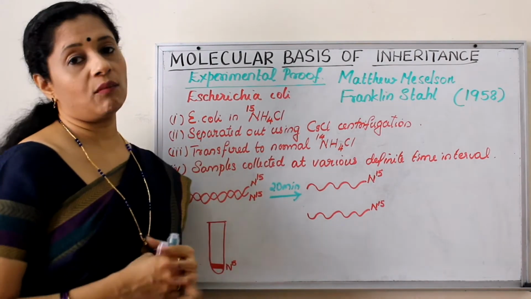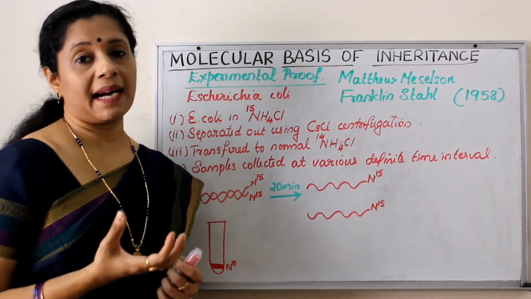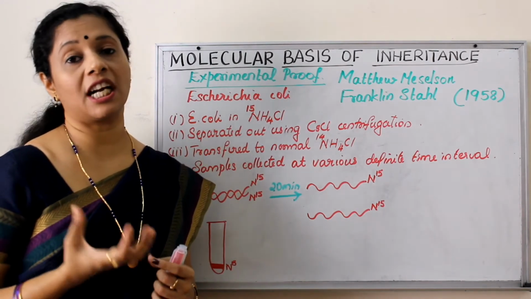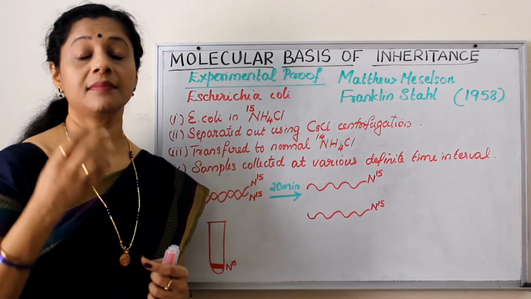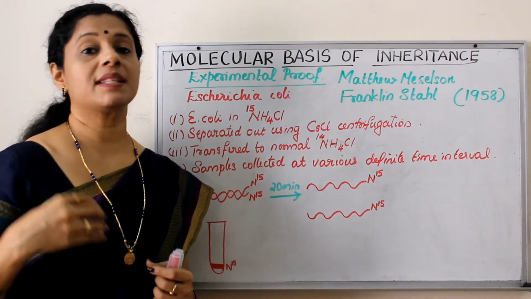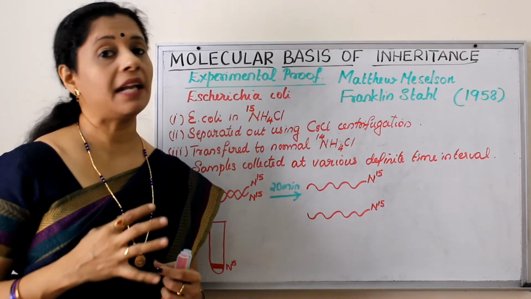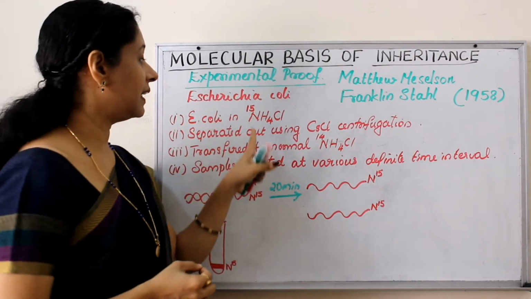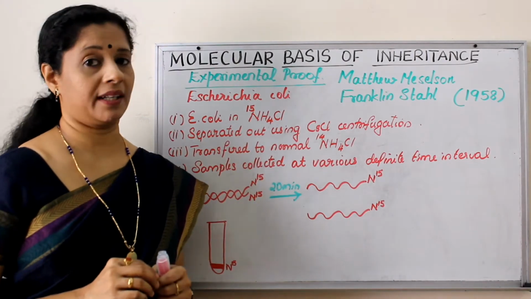So, first what they did, they grew the bacteria in a heavy isotope of nitrogen containing medium. You know, normal nitrogen is N14. Then what is the heavy isotope of nitrogen? N15. So they grew the bacteria in N15 containing ammonium chloride.